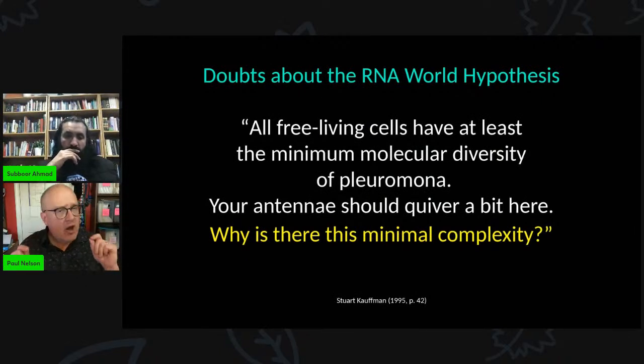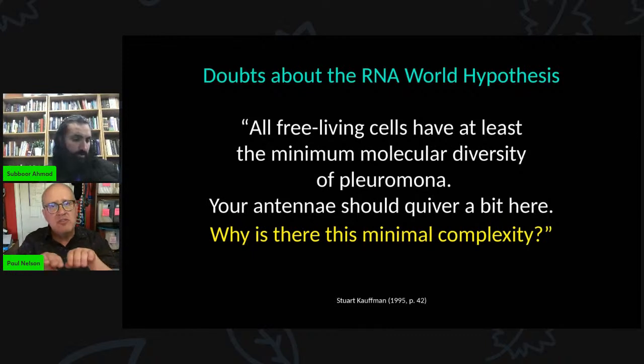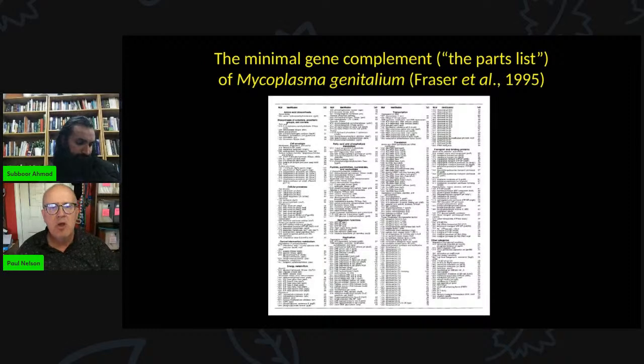Nonetheless, even though it's very stripped down, there is this discoverable lower threshold of complexity below which we cannot go. Why is it there? Well, here's one of the reasons. This is the protein parts list for Mycoplasma.